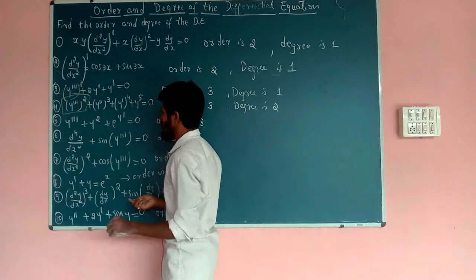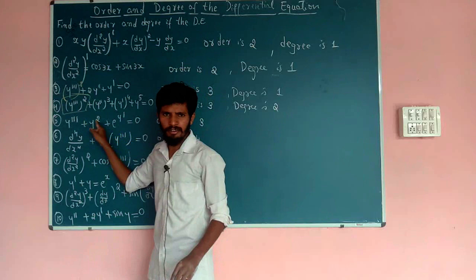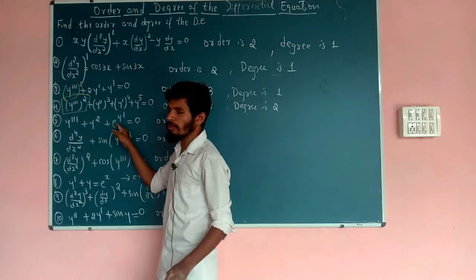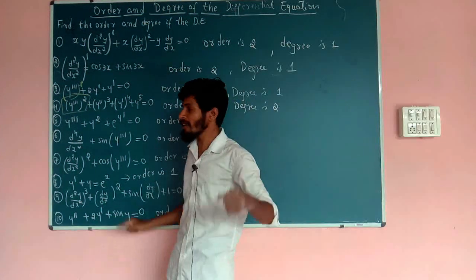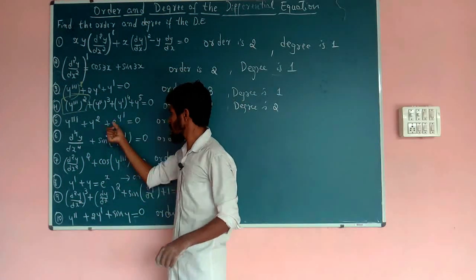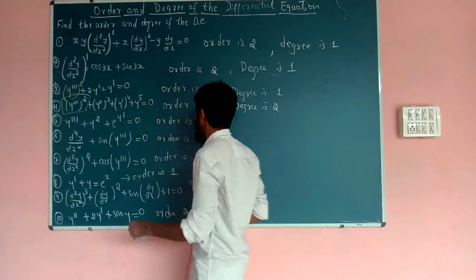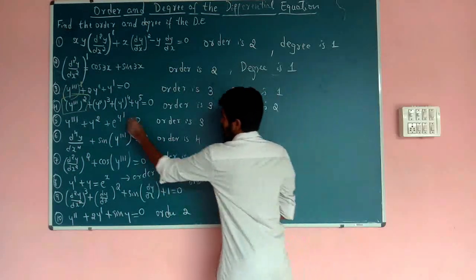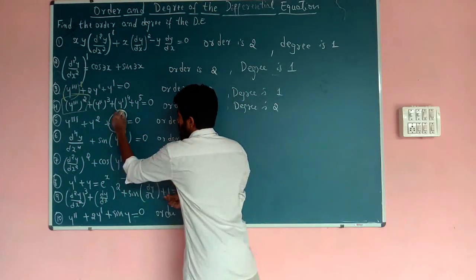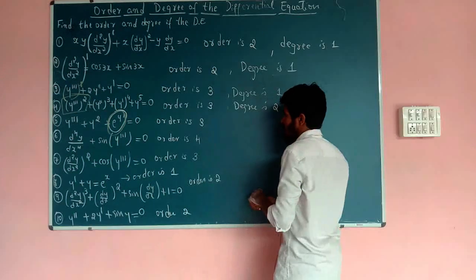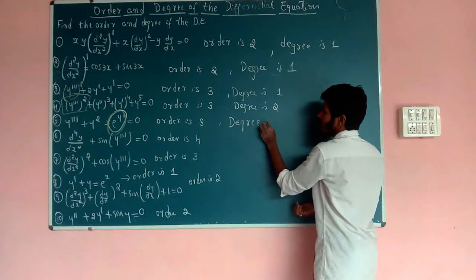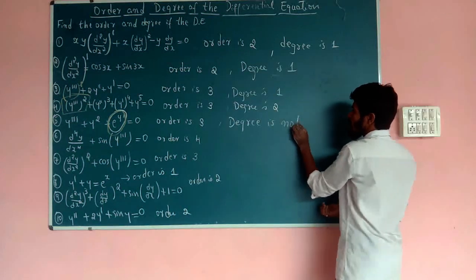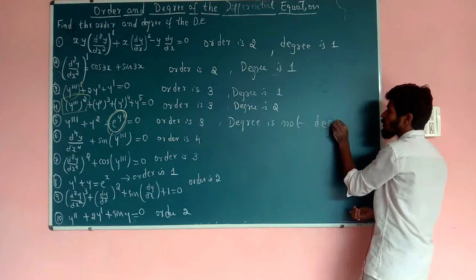Next, see here there is an e to the power term, e to the power y dash, correct? E to the power derivative term, e to the power y dash. Here there is an e to the power derivative term, therefore in this case degree is not defined.